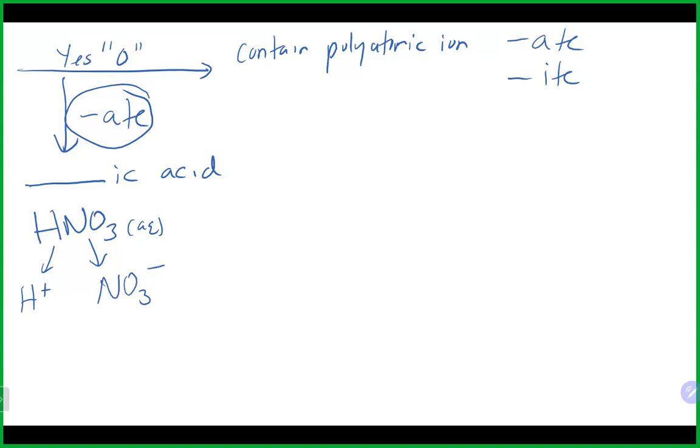The name of NO3 minus is nitrate, ate. So that's where the ate comes from. Because this acid actually contains nitrate, what we name it is nitric acid. So this is nitric acid because the polyatomic ion that is present is nitrate.